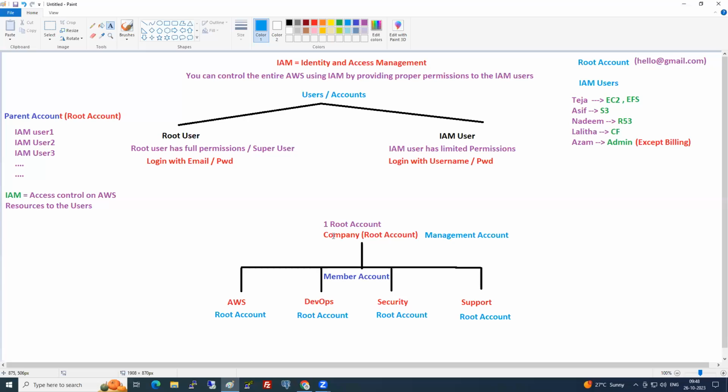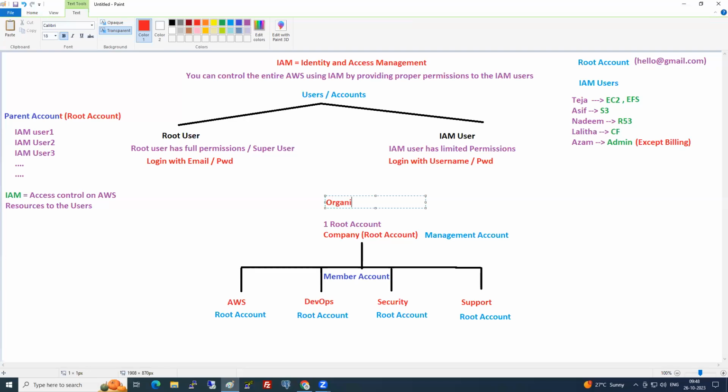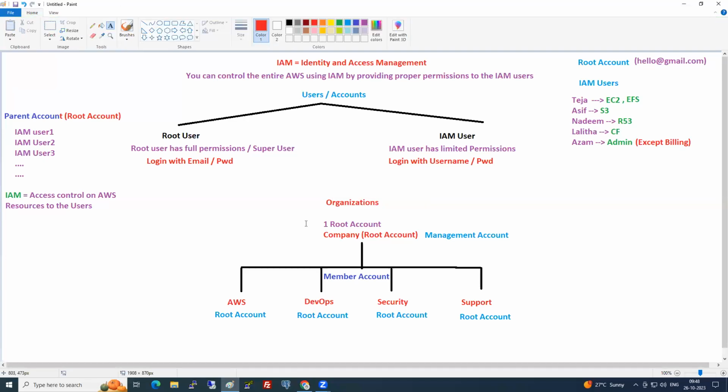I'll ask AWS department, DevOps department, security department, support department, whatever department I have, to create their own root accounts. And as a company head, I need to manage the root accounts, no? So what is the concept AWS came up with here? Organizations. Using a service called Organizations, you can maintain multiple root accounts.